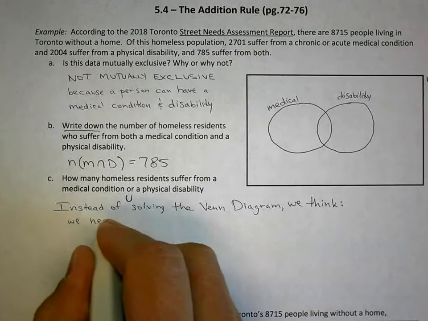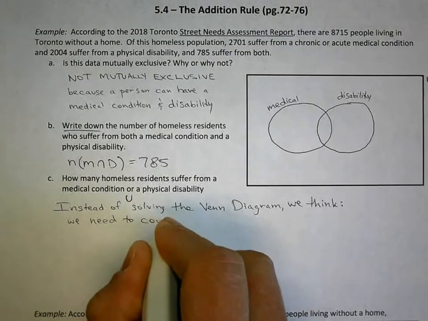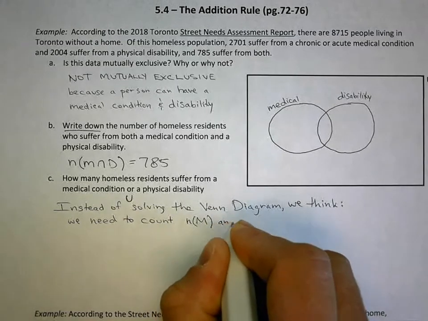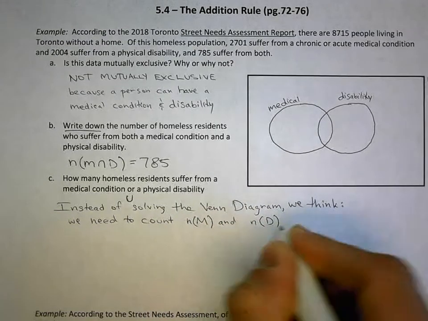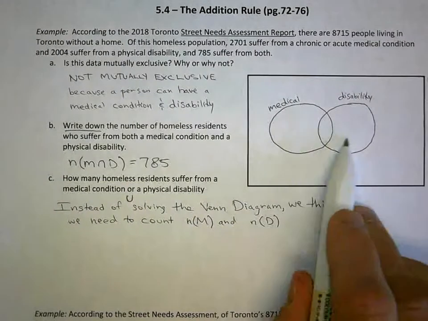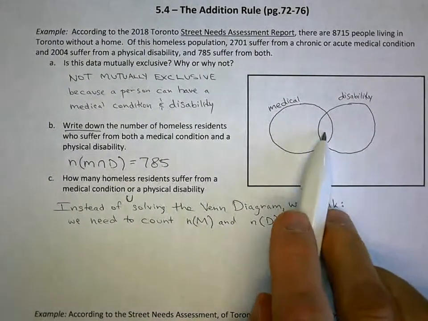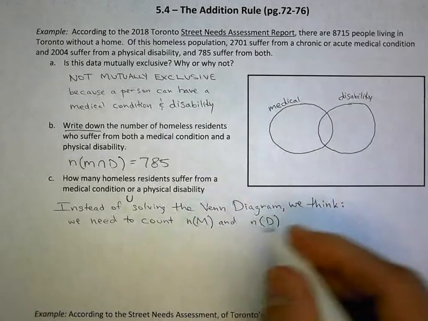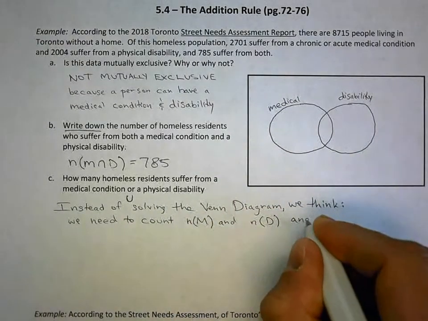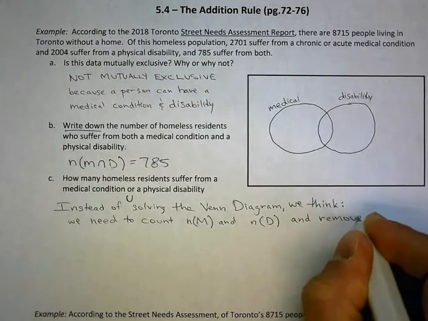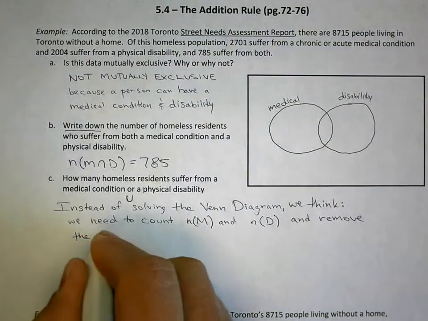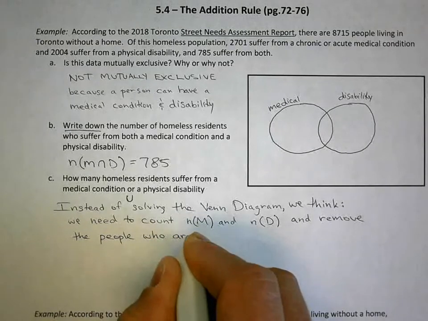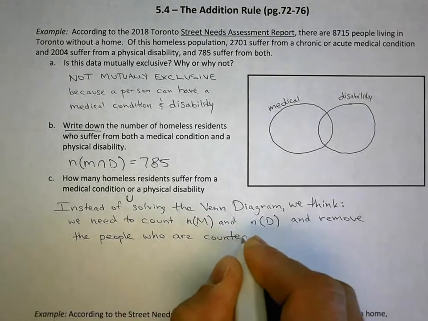So we need to count n(M) and n(D). But then if I count all the medical and all the disability, I've counted the people in the intersection, in this area, twice. So after adding the two, I need to remove the people who are counted twice.